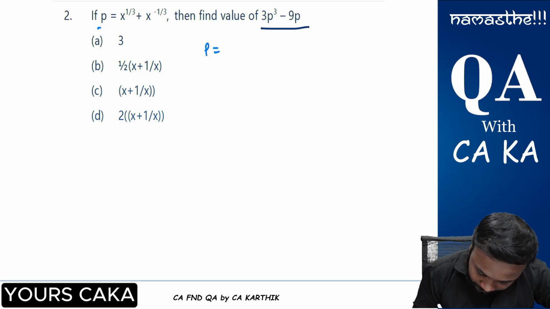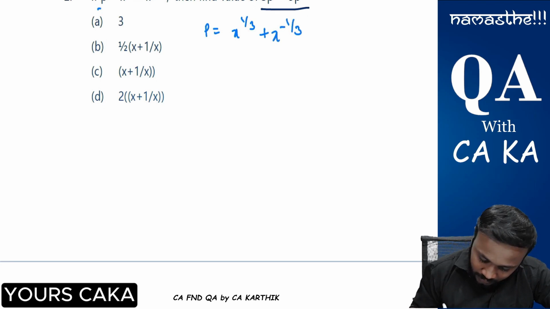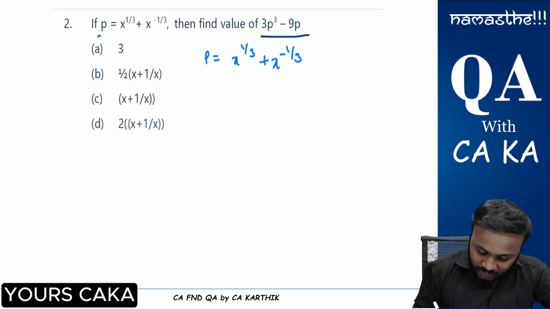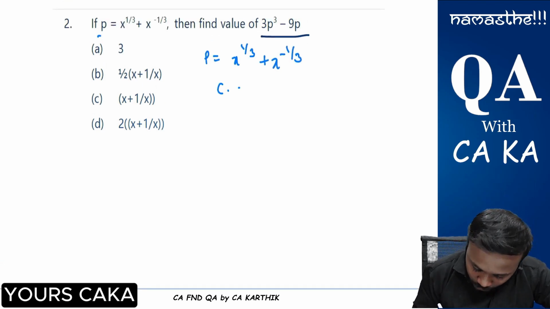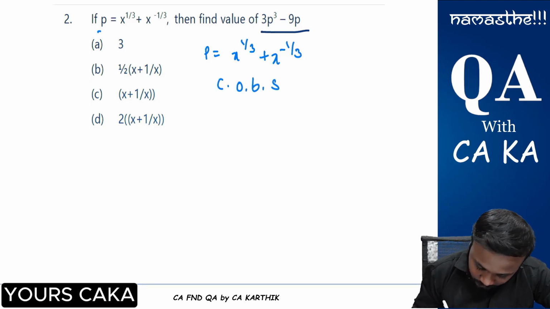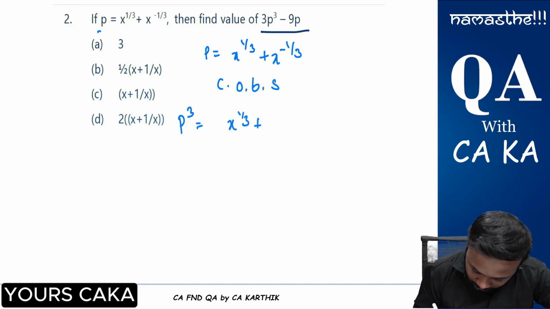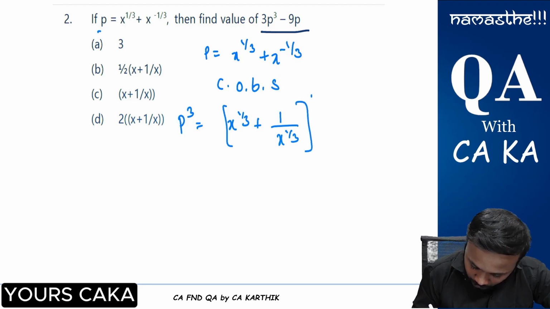P is equal to x power 1 by 3 plus x power minus 1 by 3. If you notice here, they're asking p cube. So let's do first cubing on both sides. So p cube is equal to x power 1 by 3, I can write this as 1 by x power 1 by 3, whole cube.